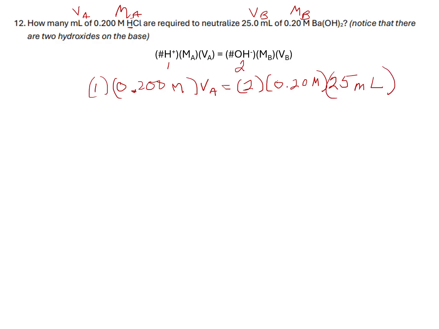So there's not a whole lot to figure out with this, actually, now that I've written it out. So these guys will cancel, because they're the same term on opposite sides of the equal sign. And so you should be able to get the answer pretty quickly.